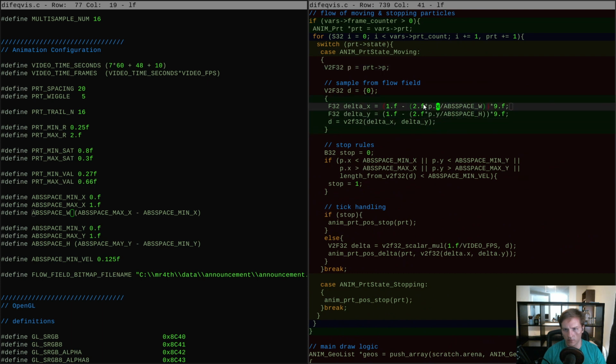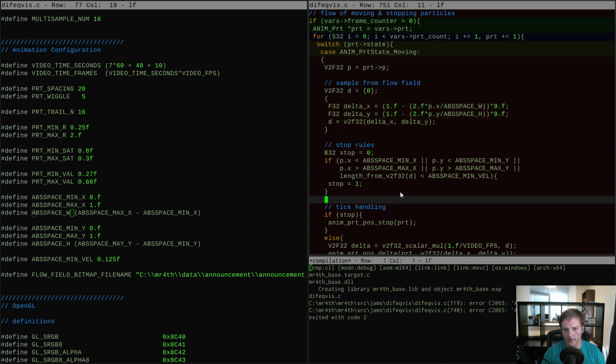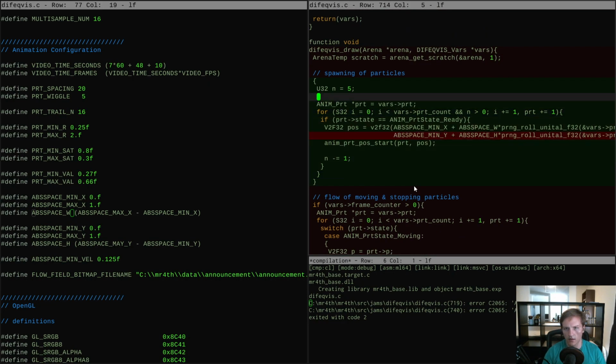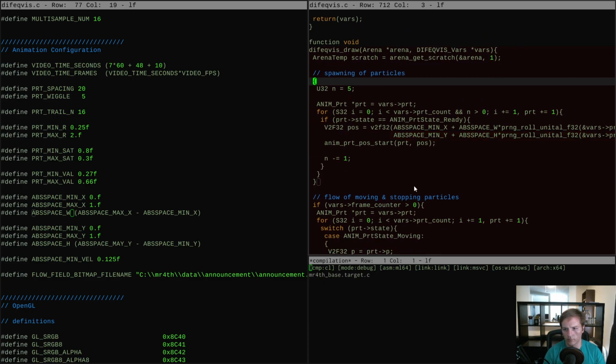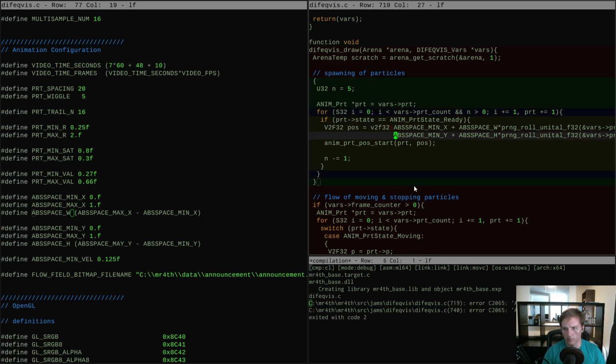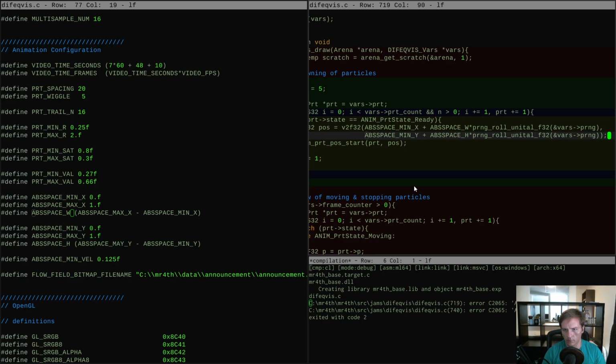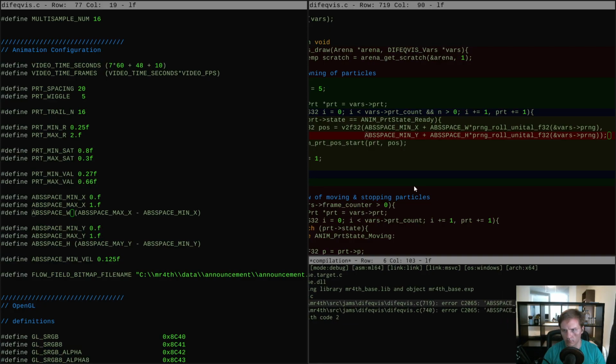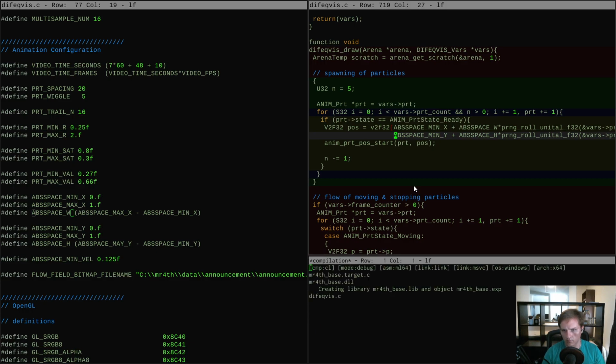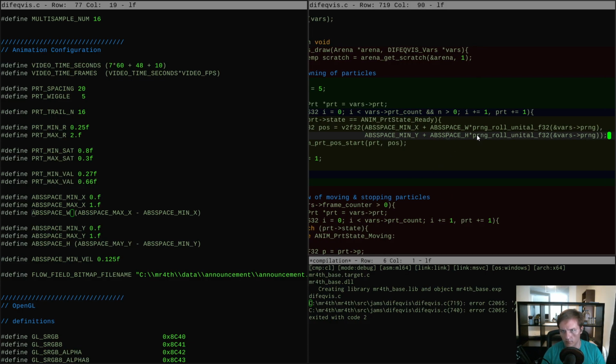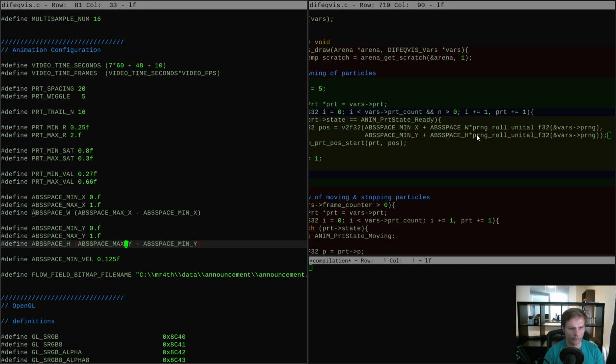Grab the p value, do this. All right, so now it's all crunched up into that point right there.